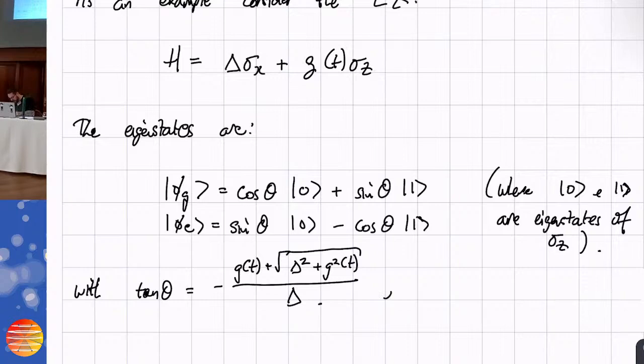And my two energy eigenvalues are plus and minus the square root of delta squared plus g squared.